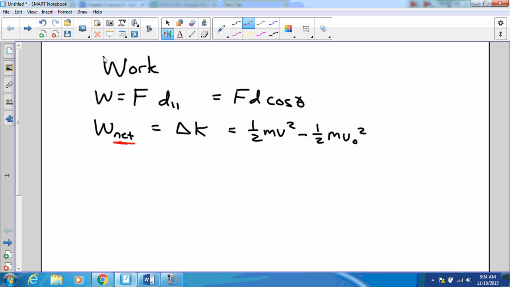And along the way, we had a couple of principles to help us compute work. For example, if a force is pointing in a particular direction and it moves a distance in the same direction, then the angle between these two is 0 and the cosine of 0 degrees is 1, so that the work done would simply be force times distance.